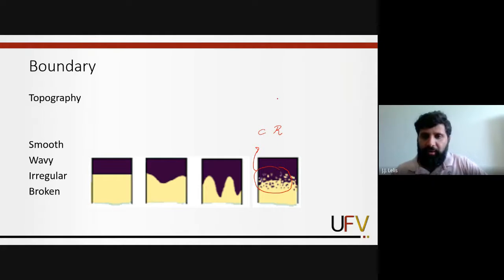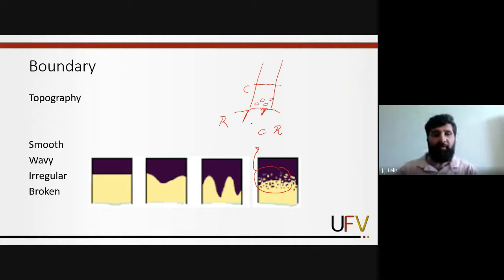So when we are seeing soil and okay, this is the C horizon, and we can find the R layer, and we can see some pieces of rock here, or we can see some pieces of soil inside, some fragments of rock. Okay, here we can see a broken topography.